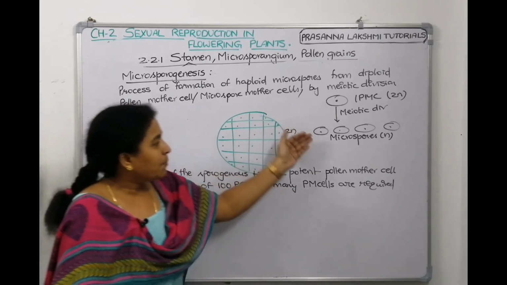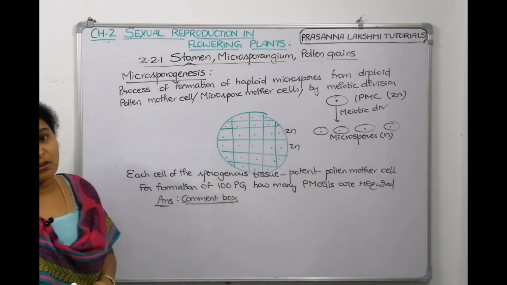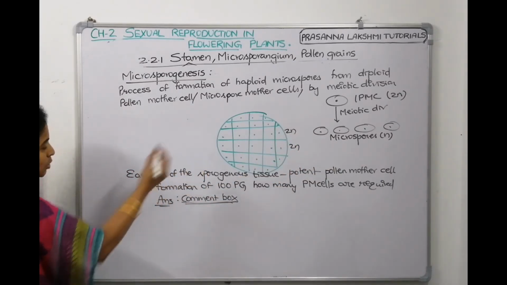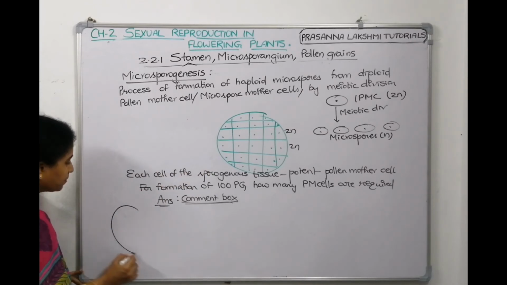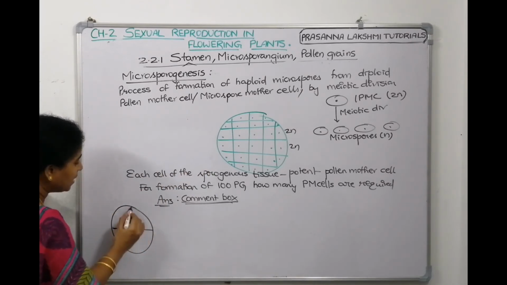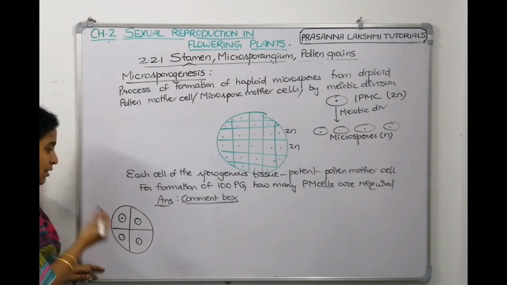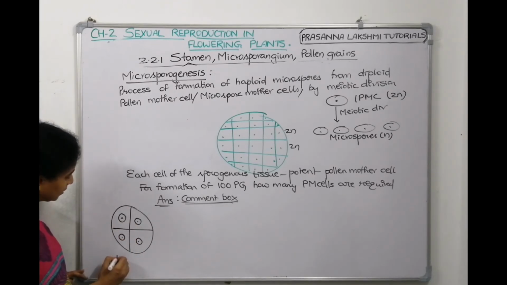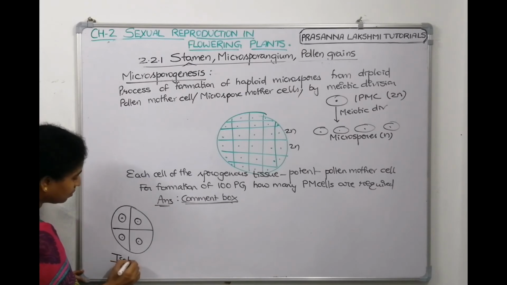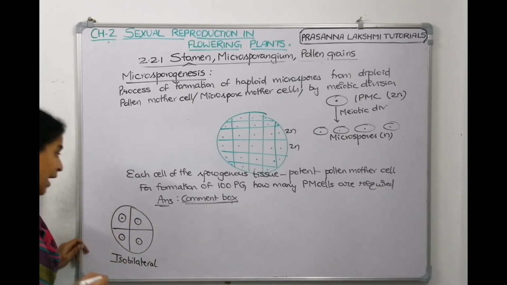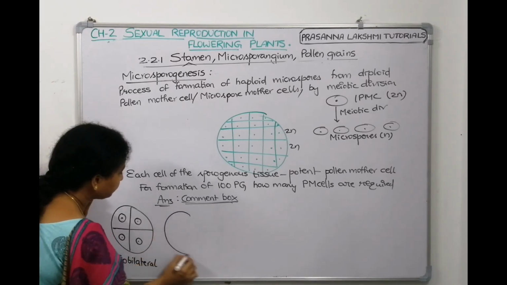So it will make microspores. These microspores can be arranged in different patterns. The arrangement of those 4 microspores can be like this: 1, 2, 3, 4. This arrangement is called isobilateral arrangement of microspores. Another arrangement is also there.